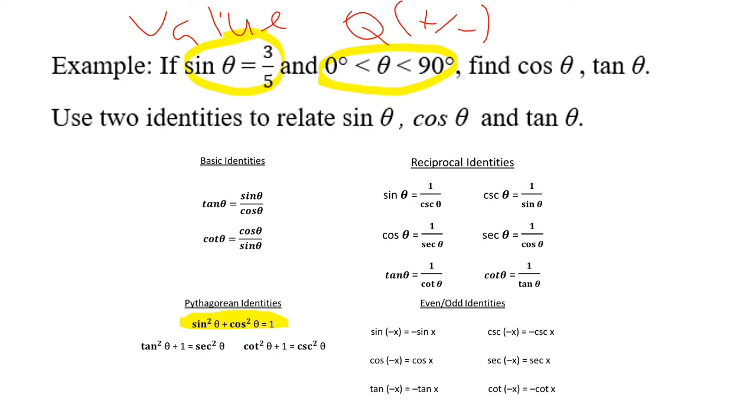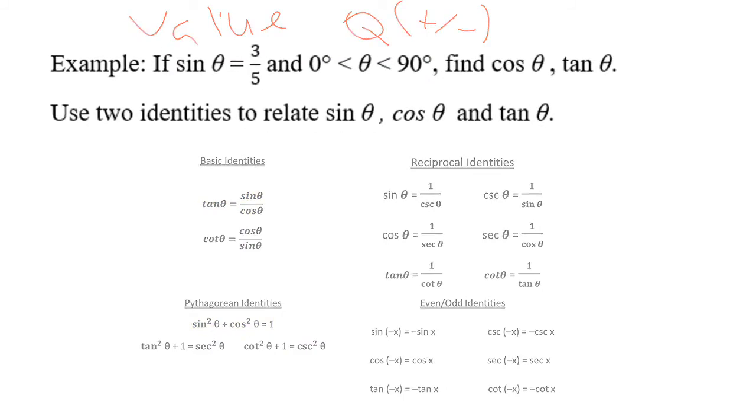Which means if I have sine theta, I can rearrange that to get cosine theta, because that will be my only other unknown. Also, once I find cosine theta, if I have sine theta and cosine theta, how can I relate that to tan? Well, if you look at your basic identities, I just need to divide them to get tan. So let's use these two.